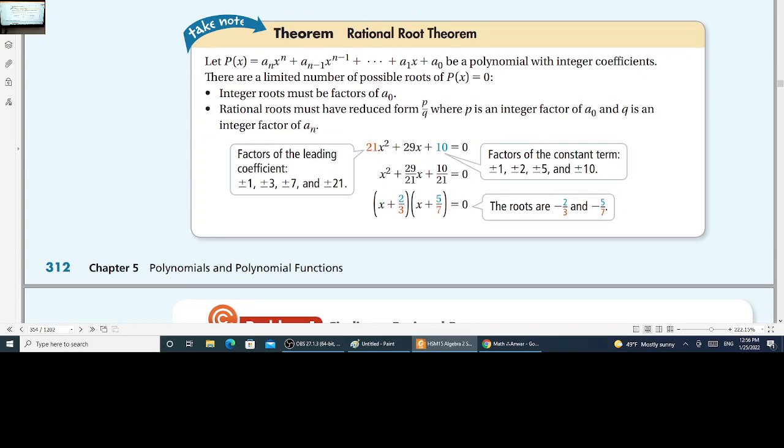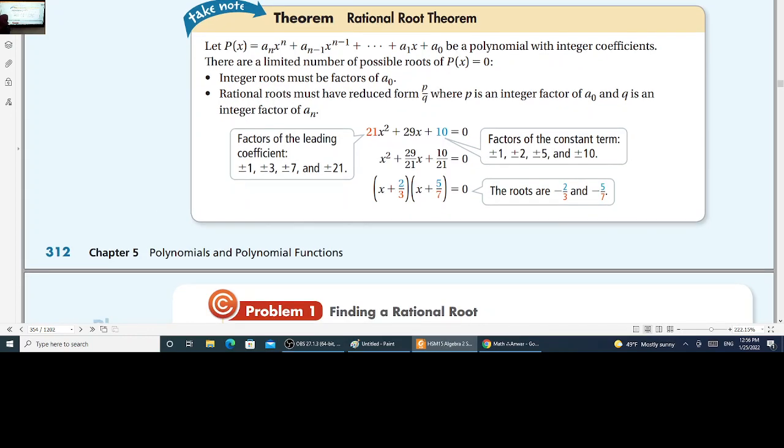Integer roots must be factors of a naught. The rational roots must have the reduced form p over q, where p is an integer factor of a naught and q is an integer factor of the leading coefficient. Look at this example.